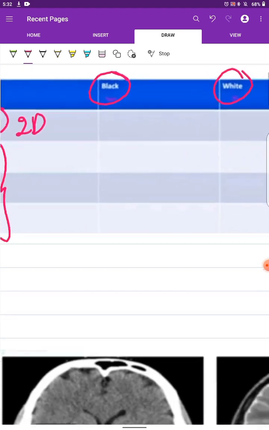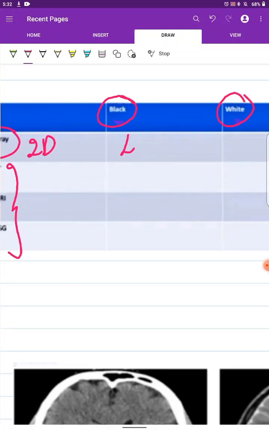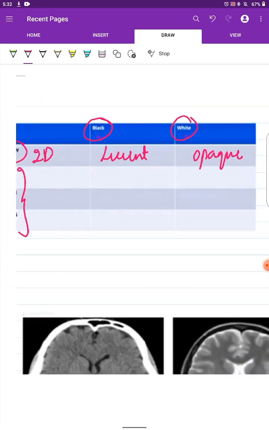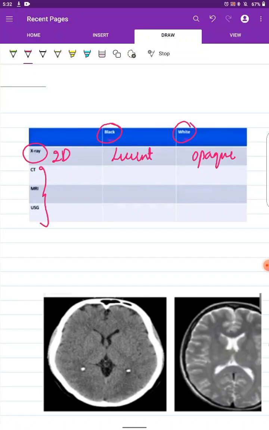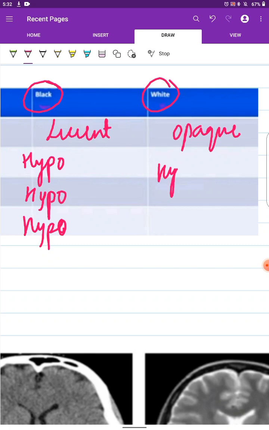For X-ray, black is lucent and whatever is white we say is opaque. In CT, MRI, USG, whatever is black, we say hypo. Hypo, hypo. Whatever is white, hyper.